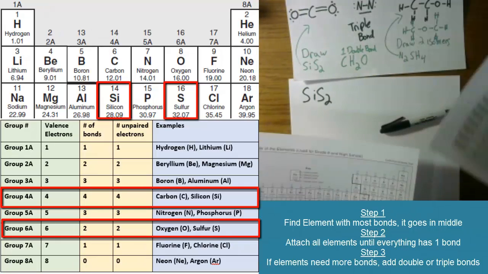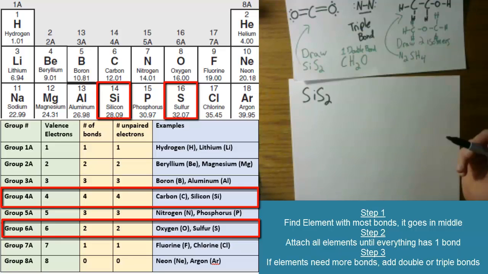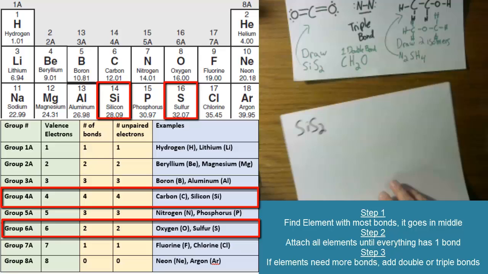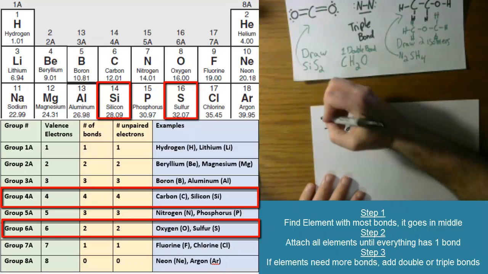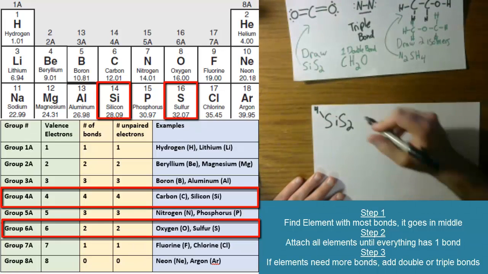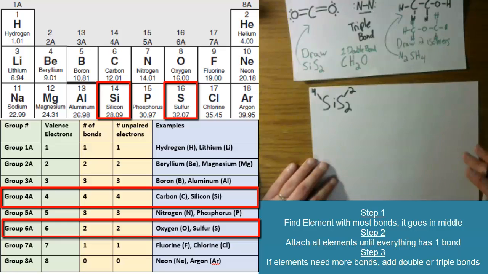Okay, we need to pick which one goes in the middle, and that's going to be the one that makes more bonds. So out of the two, since silicon makes 4 bonds, and since sulfur makes 2, that means silicon has to go in the middle.